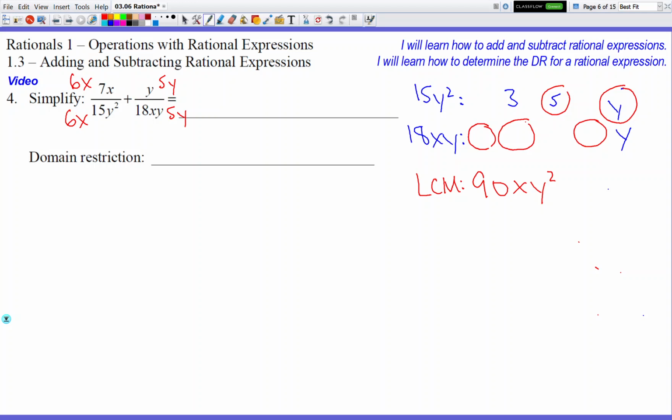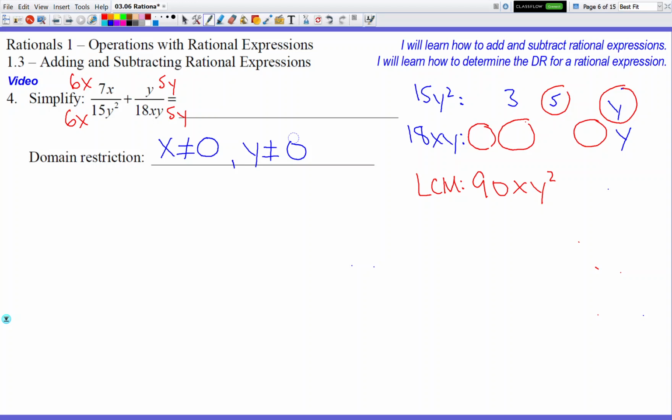And if we ever do, we better avoid those numbers because that's going to make our problem go crazy. So we don't ever want x to become a 0, because if x becomes a 0, the entire bottom of the fraction turns into a 0 because they're all multiplied with that x. We also don't want y to turn into 0 because that's going to make the bottom 0 as well. So let's avoid x equals 0 and y equals 0, because if that happens, this problem pretty much falls apart.